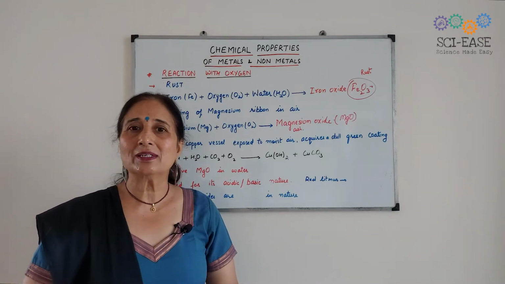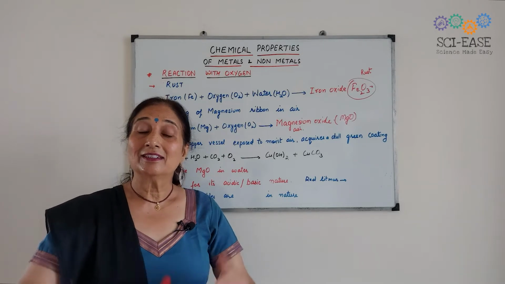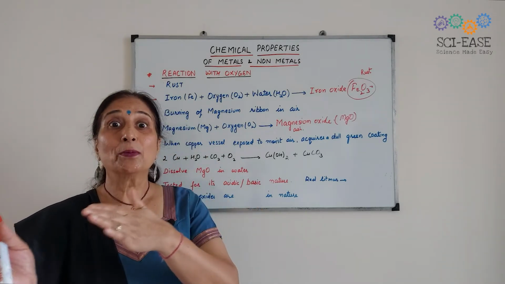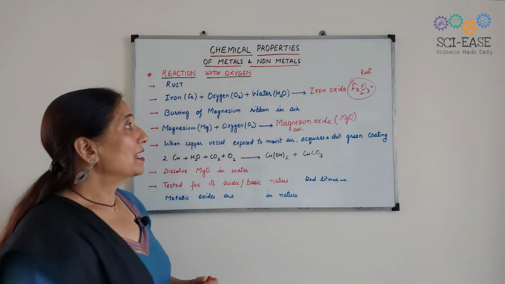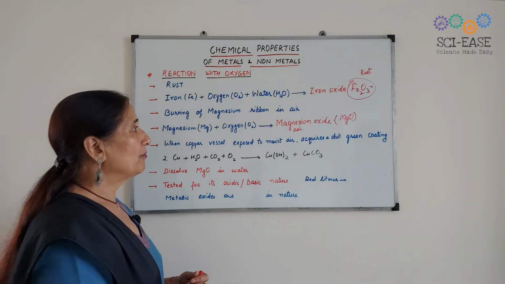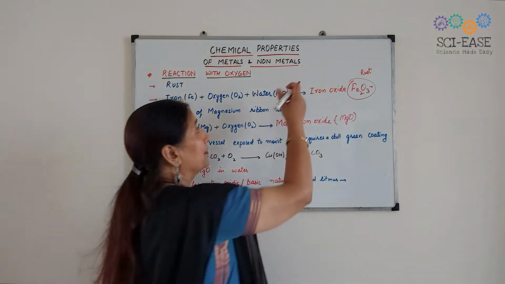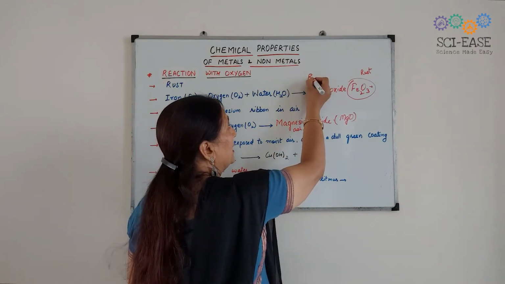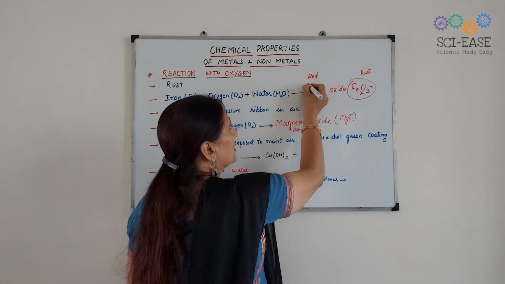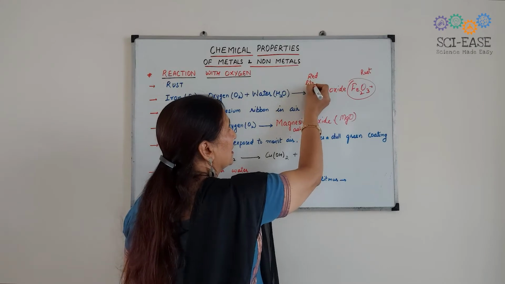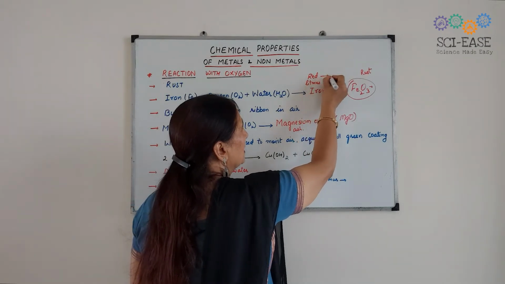What will you observe? It has turned blue. Means here, in case of iron oxide, red litmus turns blue.